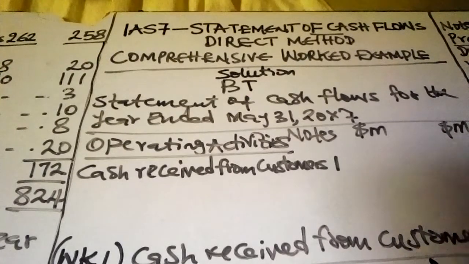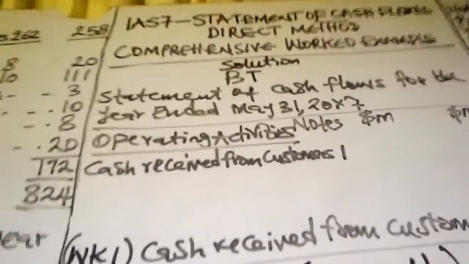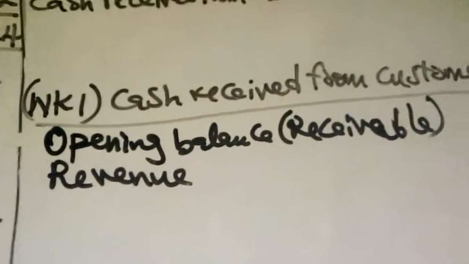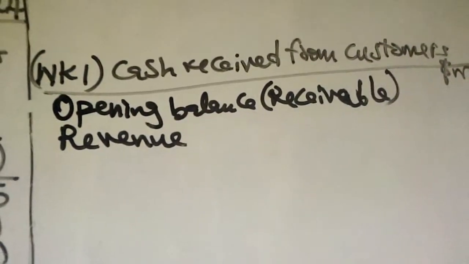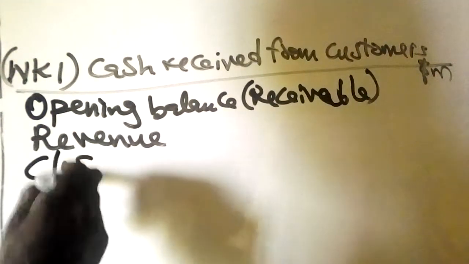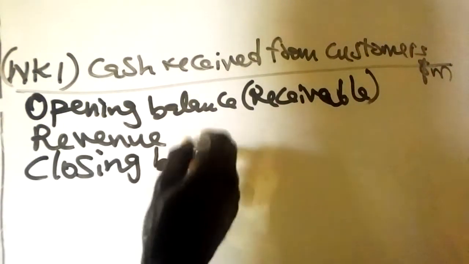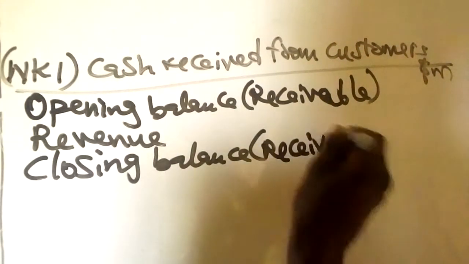After this, you have revenue, which will be found in the statement of profit or loss. Then you have the closing balance, which will be found in the closing statement of financial position. We are still talking about receivables.